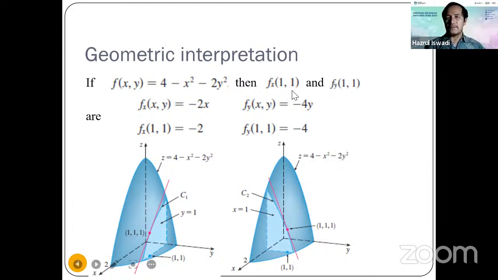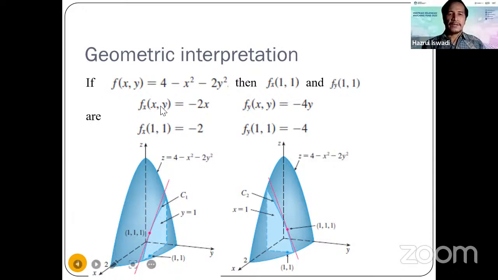We should find the partial derivative of f with respect to x and also with respect to y, then substitute the value of x with 1 and y with 1 also. Okay.